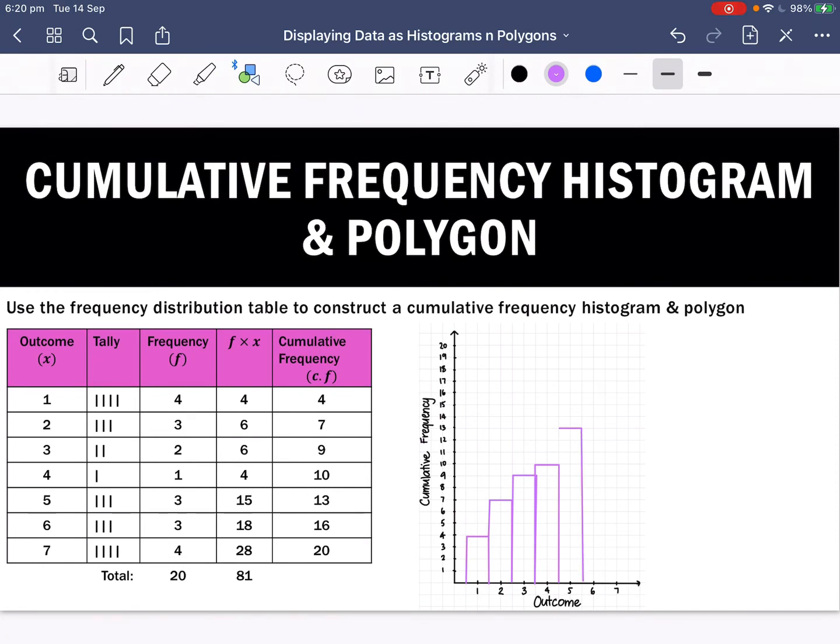Now make sure you're still using your ruler. Awesome. And then my next outcome of 6 has a cumulative frequency of 16. And finally, my last outcome of 7 has a cumulative frequency of 20.